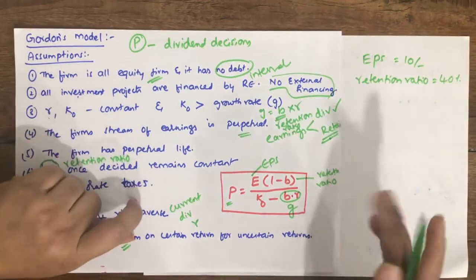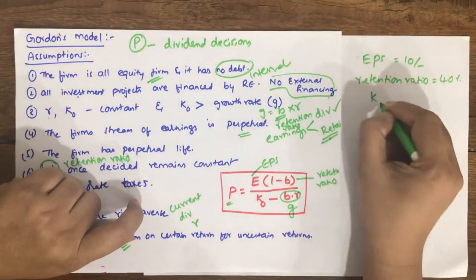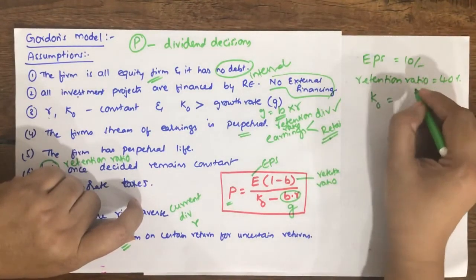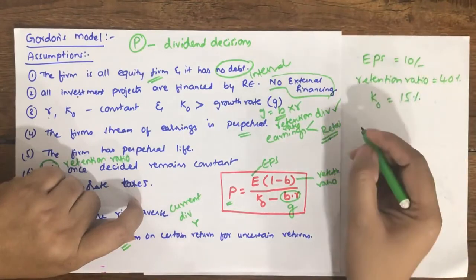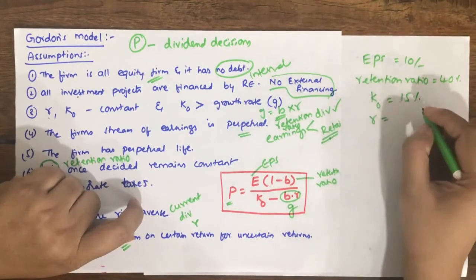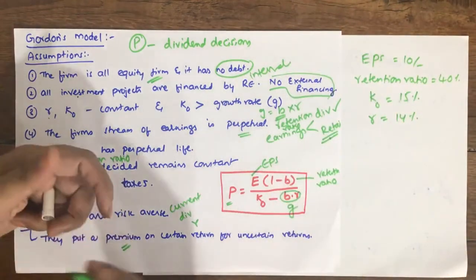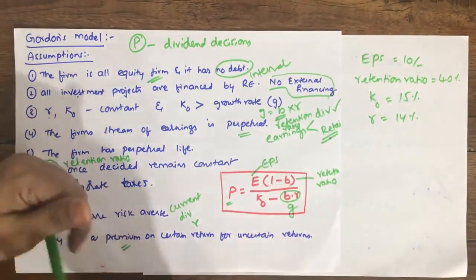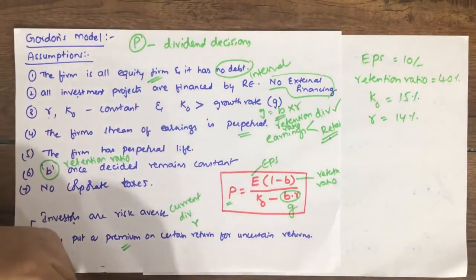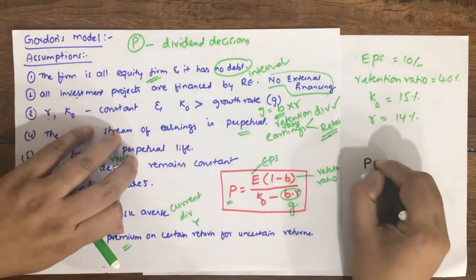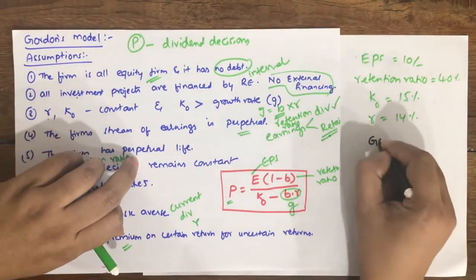Capitalization rate K0 is 15%. Return on investment is 14%. This is the data belonging to one company and we are asked to find the market price of a share according to Gordon's model.